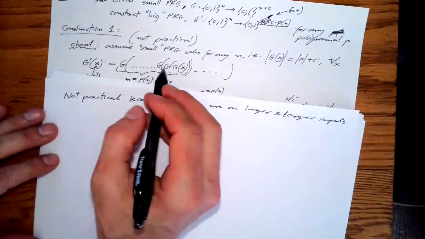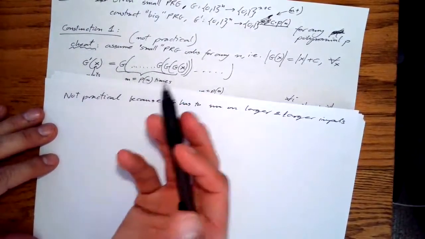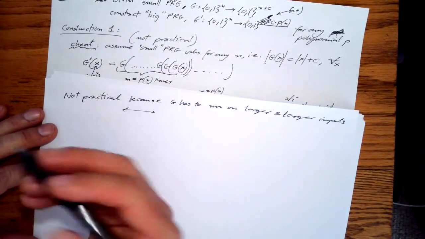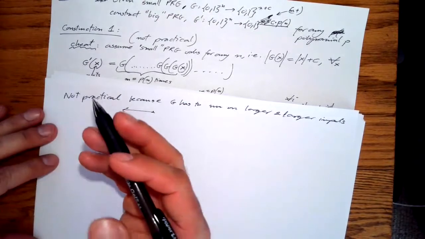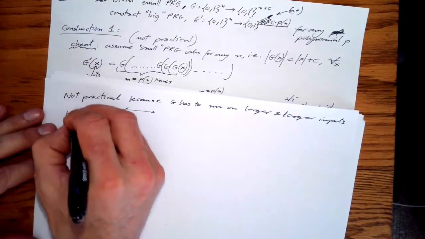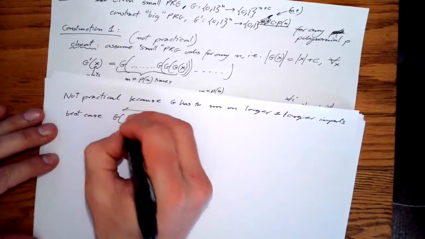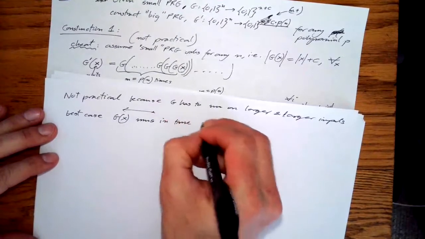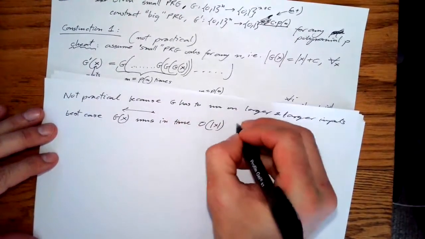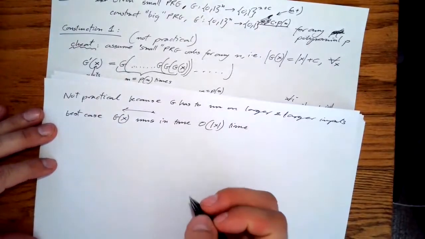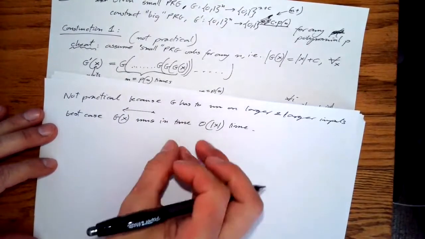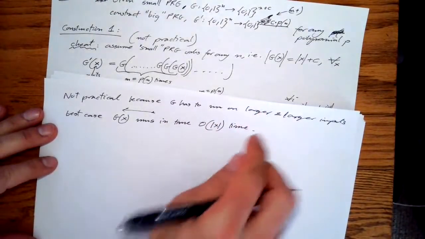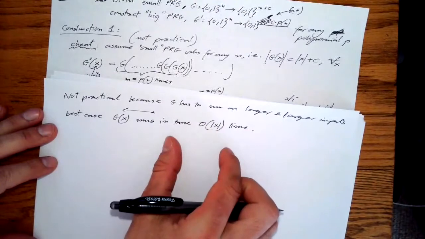And however you construct G, it will have to work in some time that is related to the input size. So at best, in the best case, G of X runs in linear time, right? It has to swallow all inputs and do something with them. So let's say that it's somehow linear in the size.